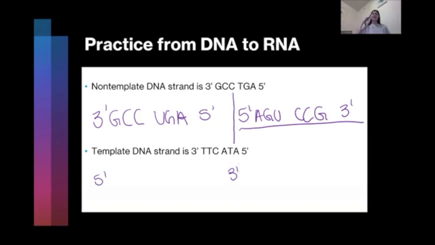And I also know that my template strand and my mRNA strand are going to be complementary to each other. So that means I want the complementary nucleotide. So I have TTC, the complement to that would be AAG. And for ATA, the complement to that would be UAU.